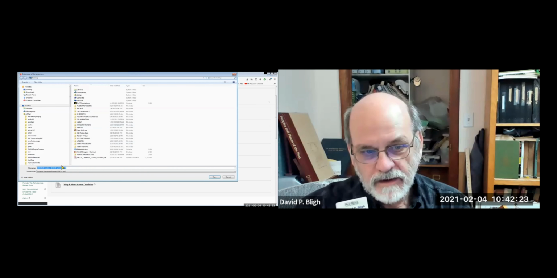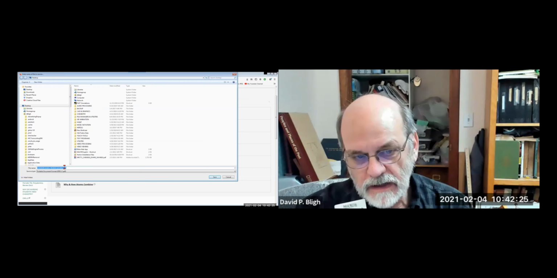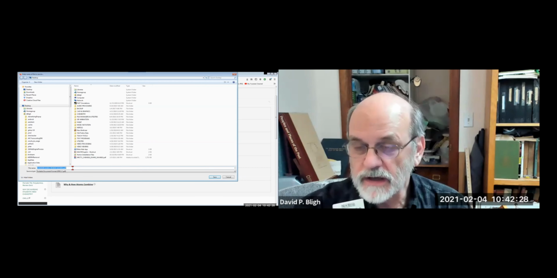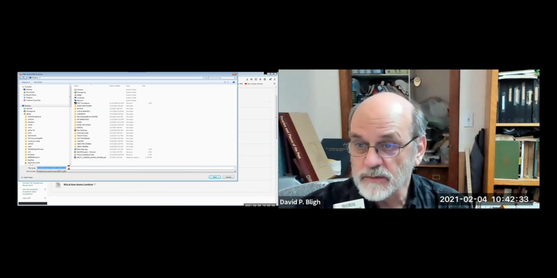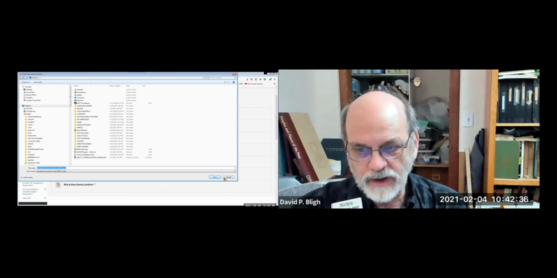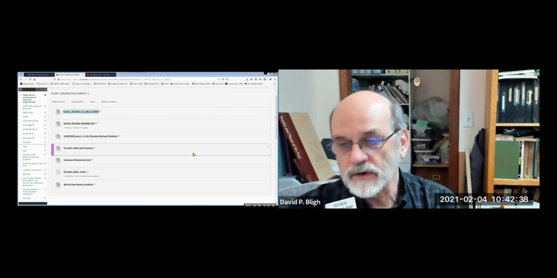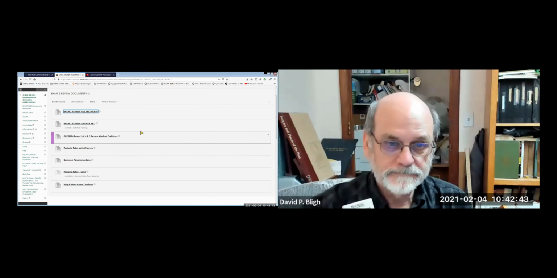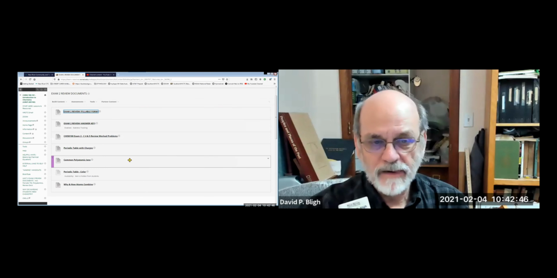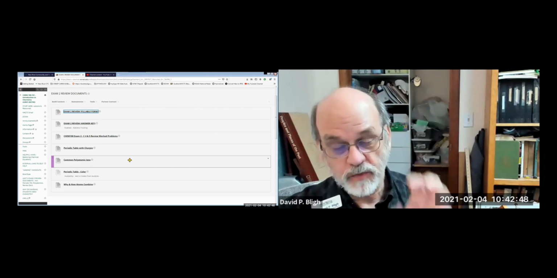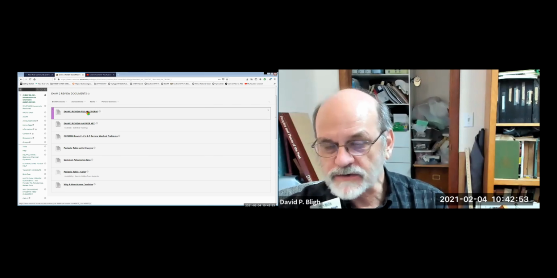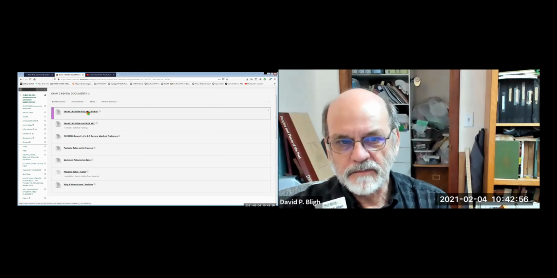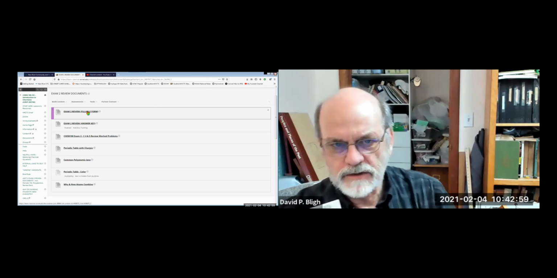That will give you the document on your computer, and then you can load it into your reader. If you try to play with these documents in the browser, they don't work too well. It needs to be downloaded and then opened in your Adobe, your Acrobat reader. Okay? So that's where you need to focus your efforts. If you can work these problems, answer all these questions, then you should do fine on the exam. There should be no problem at all.